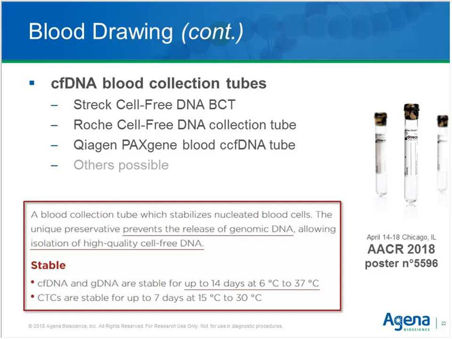We don't want genomic DNA to dilute our cfDNA and allowing the isolation of high-quality cell-free DNA. So that works very nicely for up to a number of days, depending on the very tube that you are using. In this case, it's 14 days at room temperature that you can store your blood.